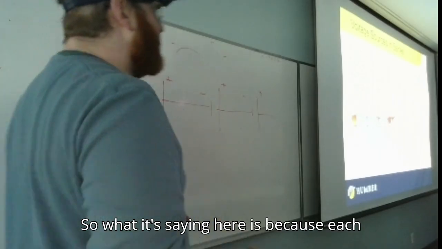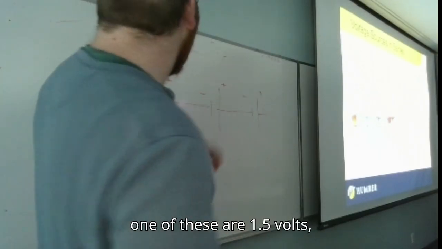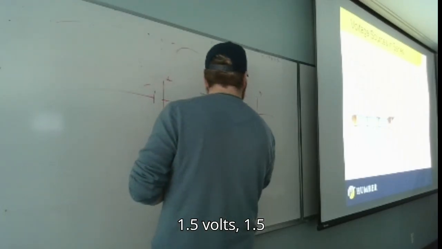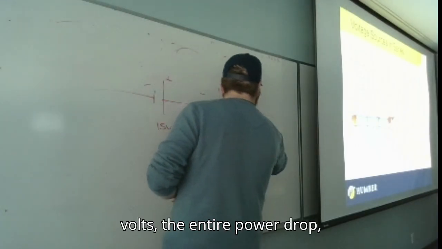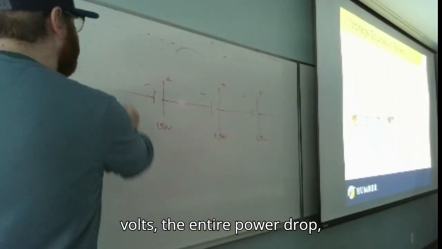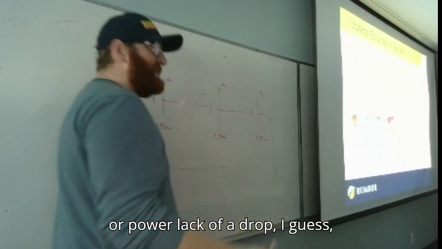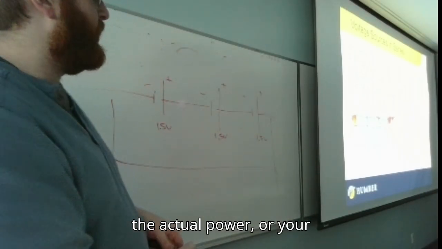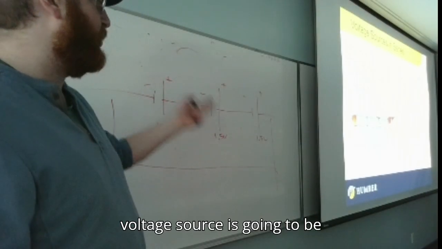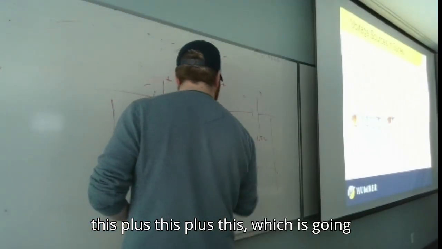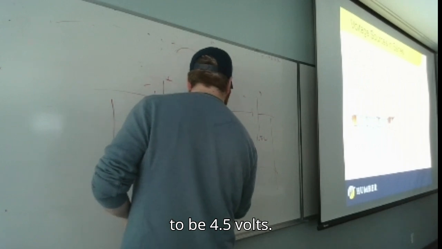So what it's saying here is because each one of these are 1.5 volts, 1.5 volts, 1.5 volts, the entire power drop, or power lack of a drop, I guess, the actual power, or your voltage source is going to be 4.5 volts.